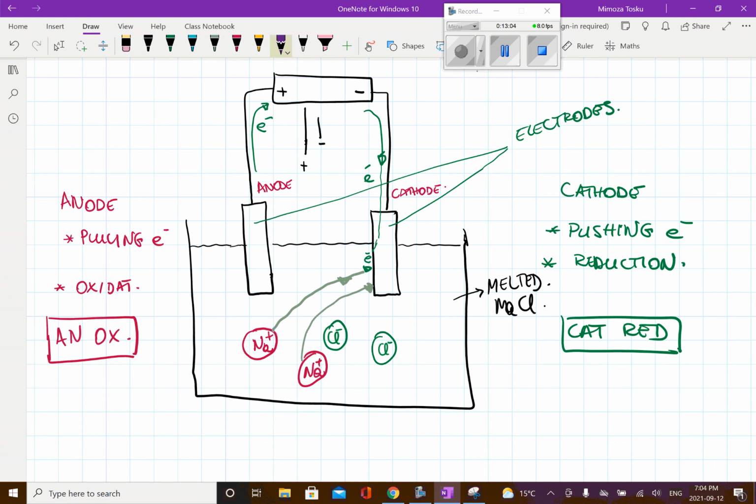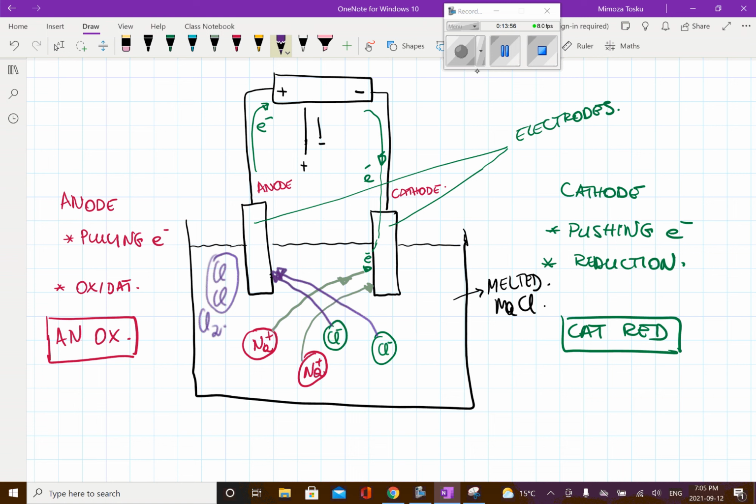While the electrons are pulled away from the positive pole, the chlorides are attracted to the anode, and the electrodes are grabbing that extra electron that chloride has, and as soon as we see two chlorine atoms, they combine together into Cl2, because chlorine is a diatomic element, molecule.